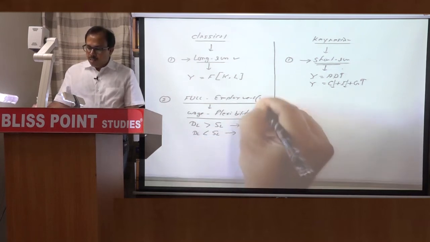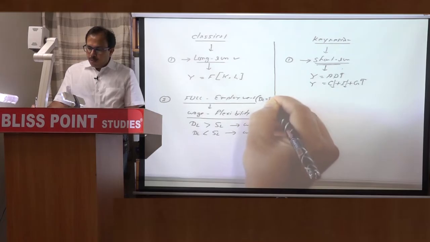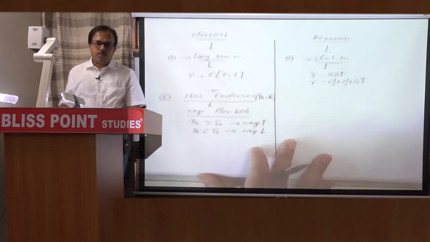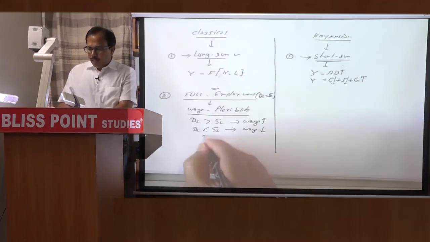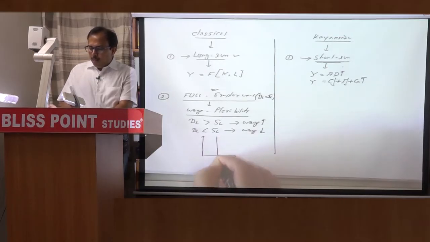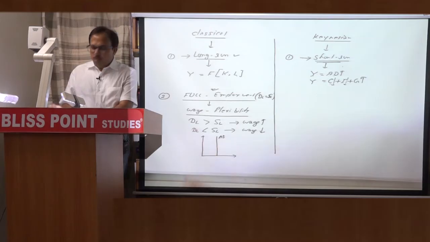So demand for labor is equal to supply of labor, and therefore there is full employment in the economy. So the classical belief that there is always full employment led to a vertical aggregate supply curve, which means whatever be the price, the output is always at full employment level.